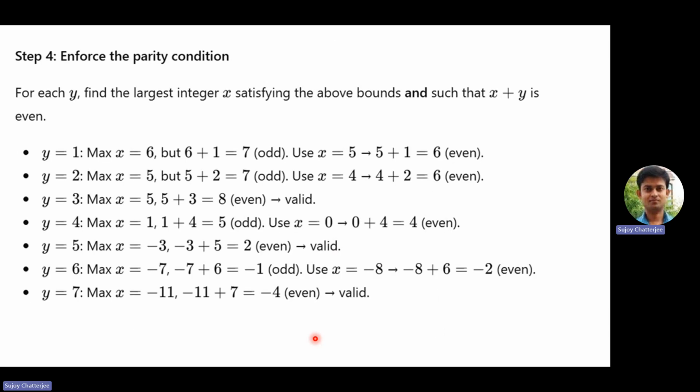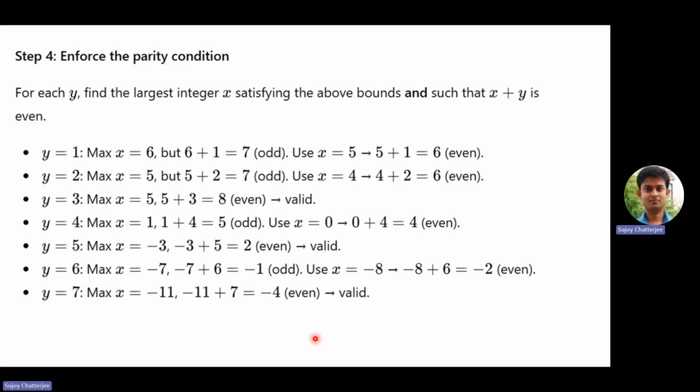And then for each y that we found out, find the largest integer x satisfying the above bounds and such that x plus y is even. So that means all the values that we get may not be valid because the condition given is that x plus y should be an even number.